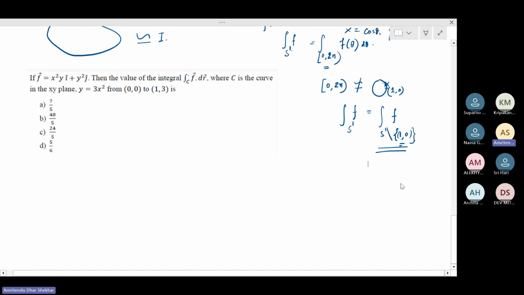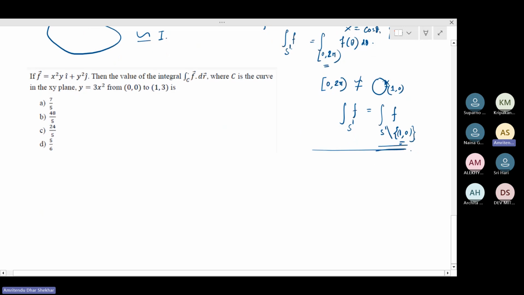It sounds a bit abstract, but it's actually very natural. So let's say you have an interval, and this interval gets mapped into some curve like this. Let's say this interval also got mapped into some other curve like this.